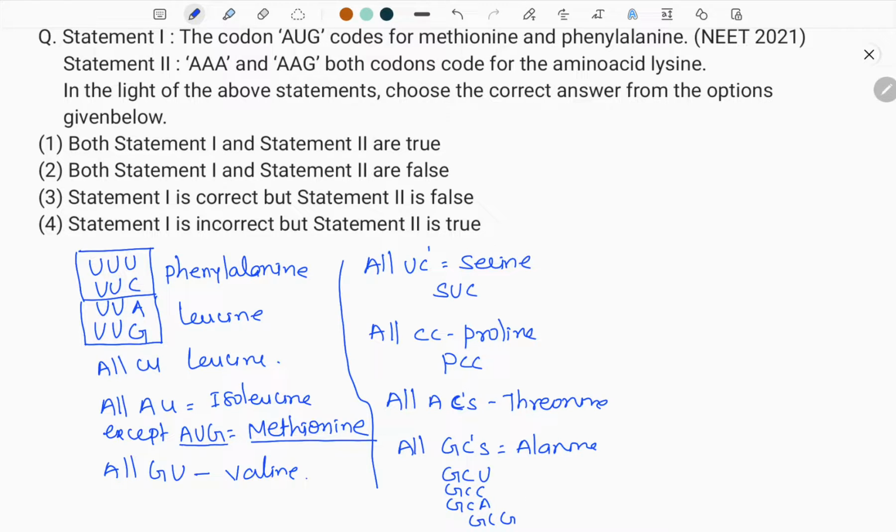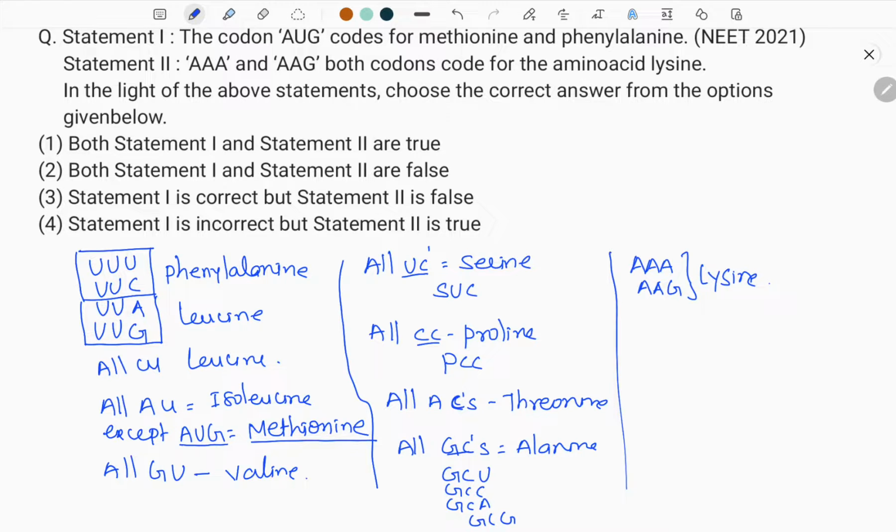Like that, for the majority of the triplets and their respective amino acids, I remember the first two nucleotides. It becomes very easy for me. For example, AAA, AAG, they code for lysine.